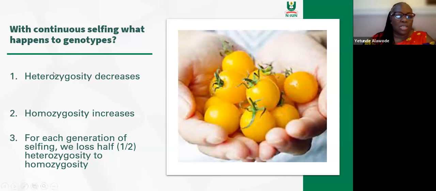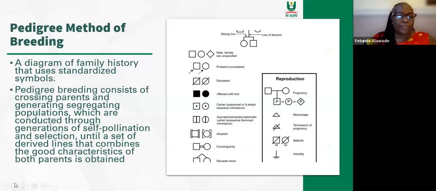So heterozygosity decreases while homozygosity increases. The genotype it is tending towards is the one that's increasing. For each generation of selfing, you lose half of the heterozygosity to homozygosity. So homozygosity is the one that increases while heterozygosity decreases. That is what happens when you self continuously.